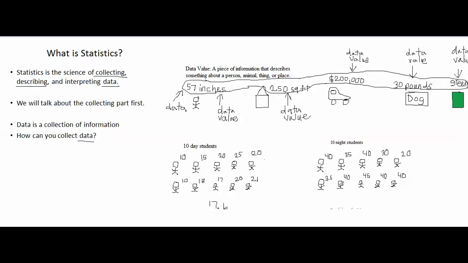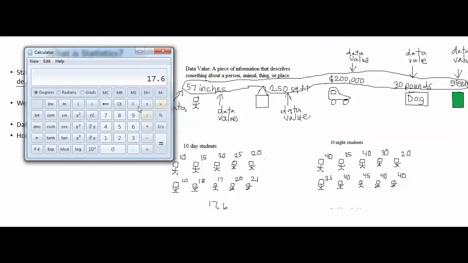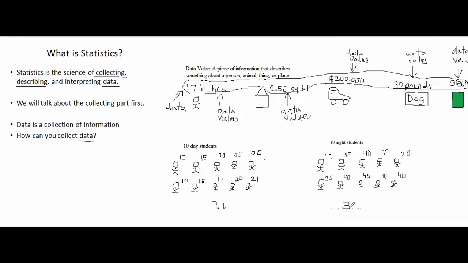And I can do the same thing over here. I can get the average of those 10 students. I just add the 10 numbers and divide the total by 10. Over here, it comes out to 36.5.